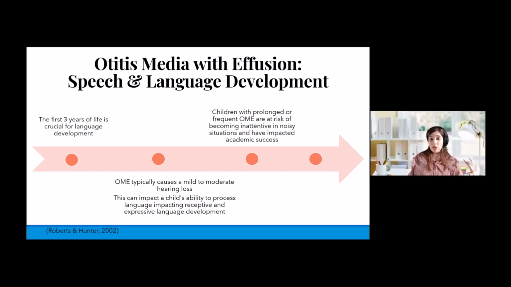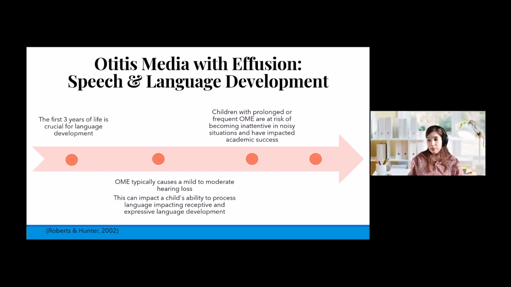And I suppose considering all of that, it can go on to impact social and academic success. So speech and language are fundamental for communication, social interactions, and academic success. And children who have otitis media with effusion, I suppose the language delays that are coupled with it, can face challenges in lots of areas in the classroom, from participation to developing relationships with peers to just effective interactions in general.